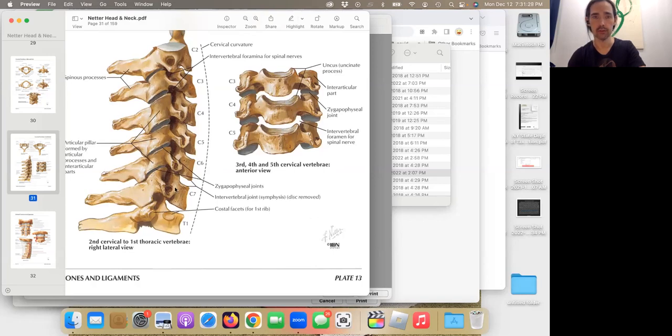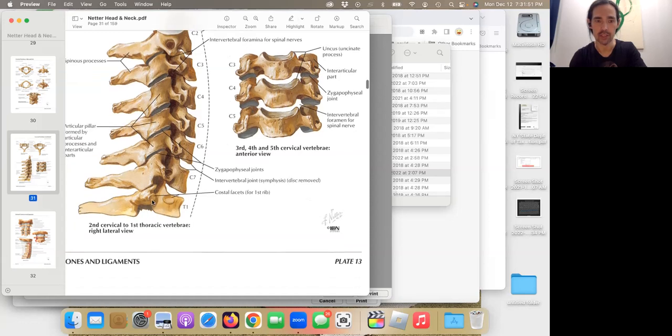Note, until further discussion, that a facet is a kind of divot, a very shallow saucer, and they fit together to make facet joints. So this is actually a facet joint. These are the zygapophyseal joints. They're a type of facet.